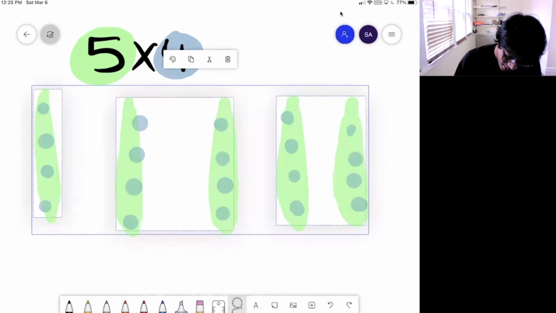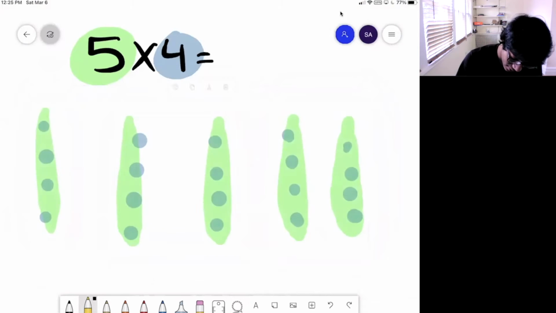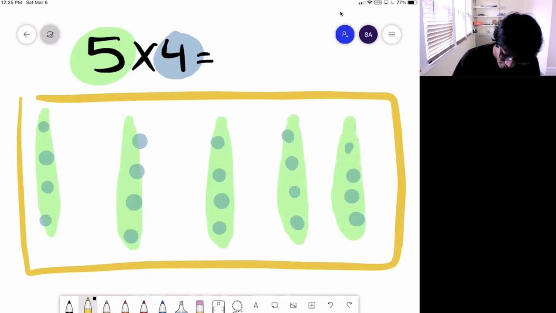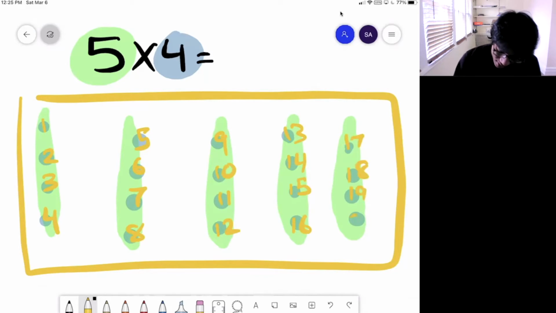How many dots? Well, we got 1, 2, 3, 4, 5, 6, 7, 8, 9, 10, 11, 12, 13, 14, 15, 16, 17, 18, 19, 20.